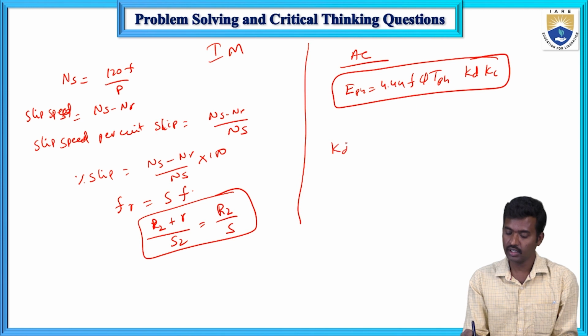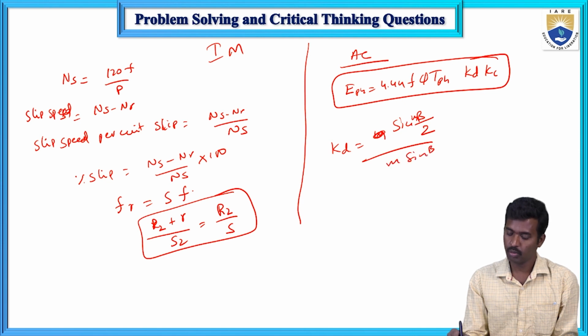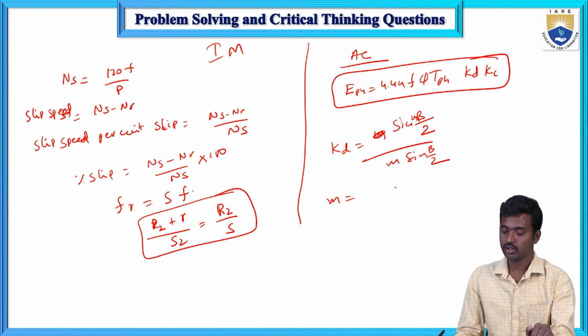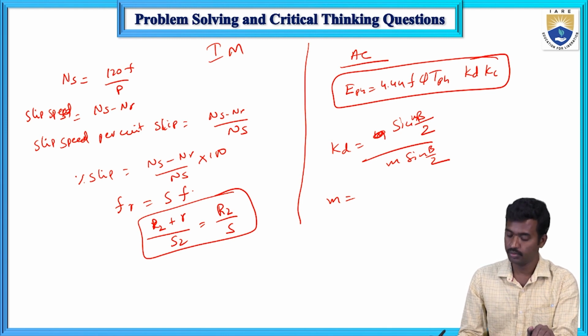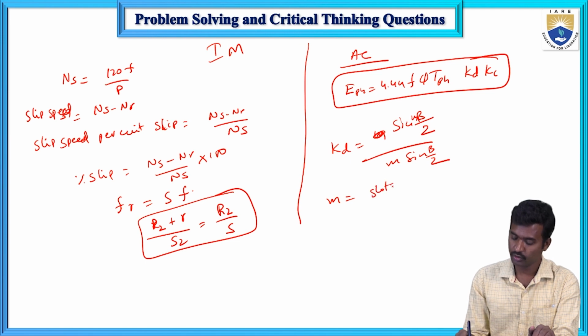Here Kd equals sine of M beta by 2 divided by M into sine of beta by 2, where M equals the number of slots per pole per phase, and beta equals 180 by n, where n equals slots per pole.